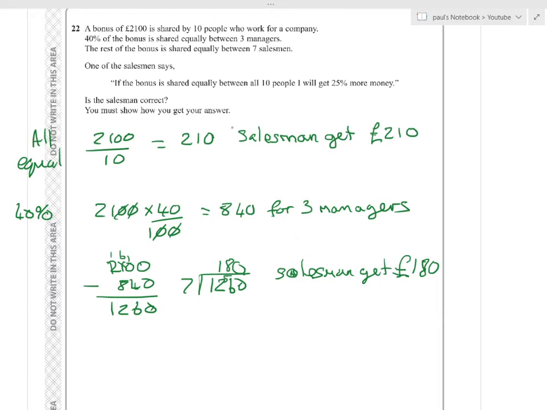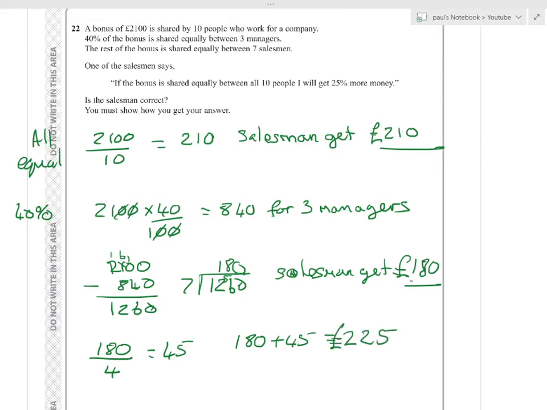Now, the question is, if it's shared equally, will I get 25% more? So is this 25% more than that? So 25% is a quarter. So 180 divided by 4, which is 45 pounds. So if then we do 180 plus the 45 pounds, which equals 225.